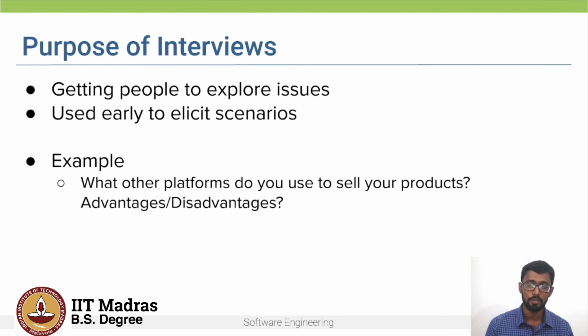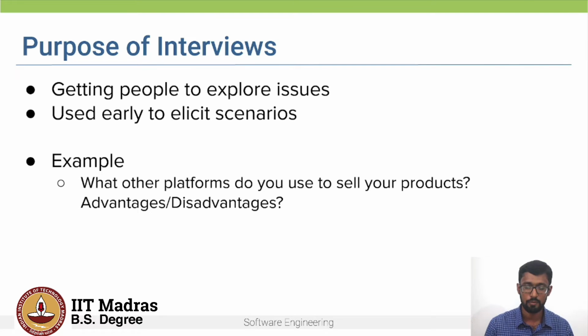So for example, we can conduct interviews with independent sellers and ask them, what are the different platforms which you use to sell your products? This is a fairly open-ended question, and they might give answers like we use WhatsApp, Instagram, and then we can probe them and ask, what are the disadvantages or advantages of these platforms?